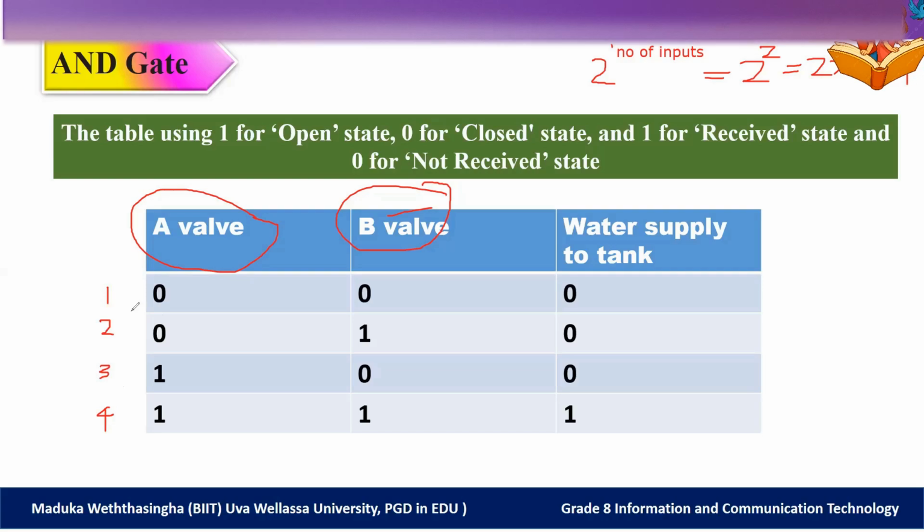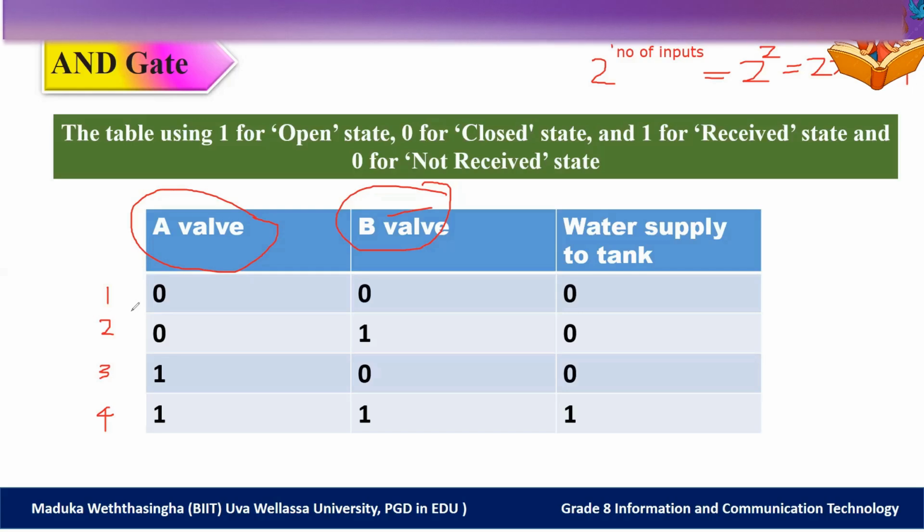There are 2 inputs, valve A, valve B. Then, how to find how many instances are there? 2 to the power 2, which means 2 multiplied by 2 equals 4. There are 4 situations. Is it clear to you? Yes, understood, teacher. This is somewhat advanced for you, but let's learn, okay?